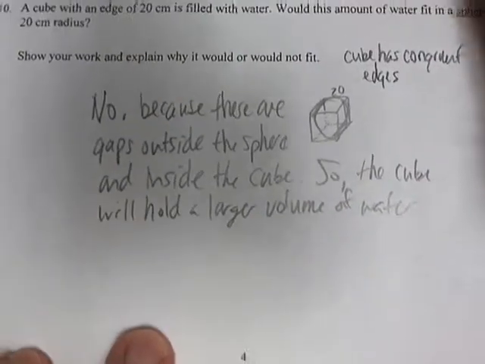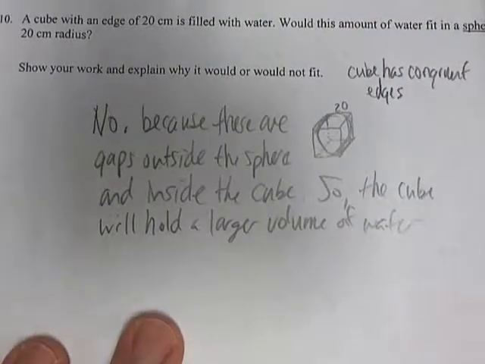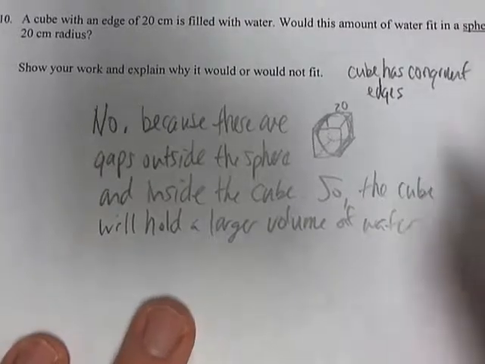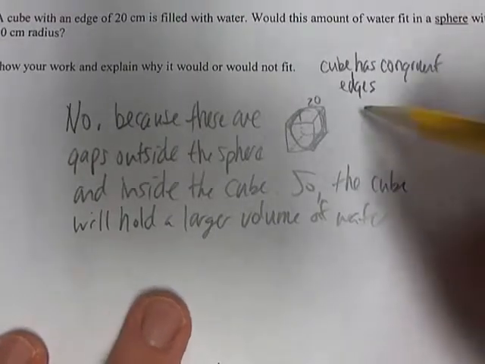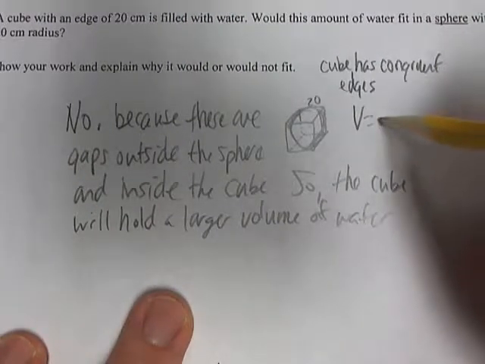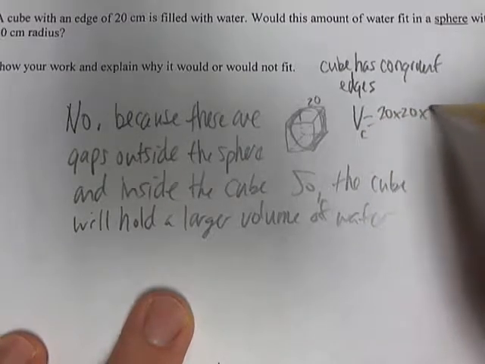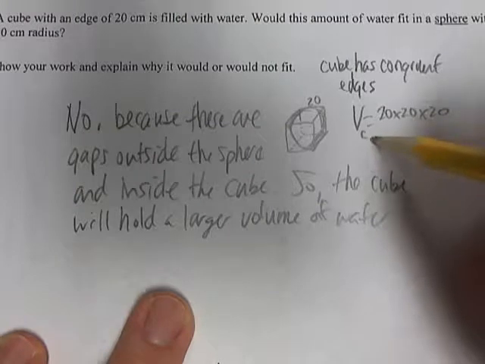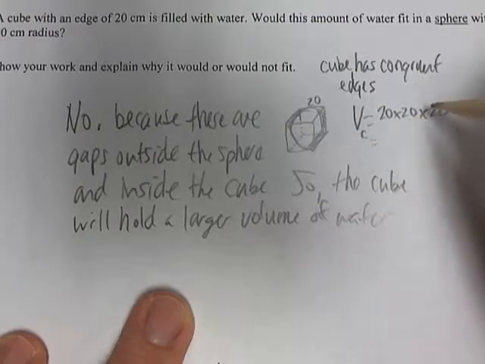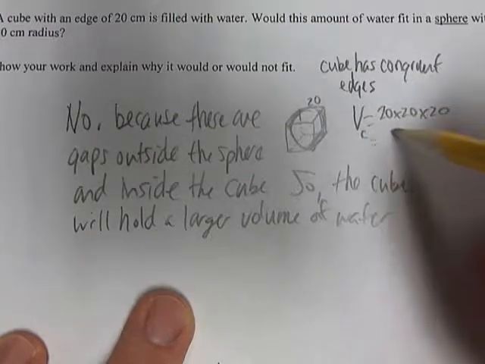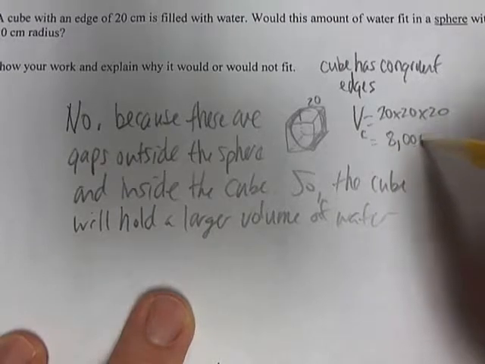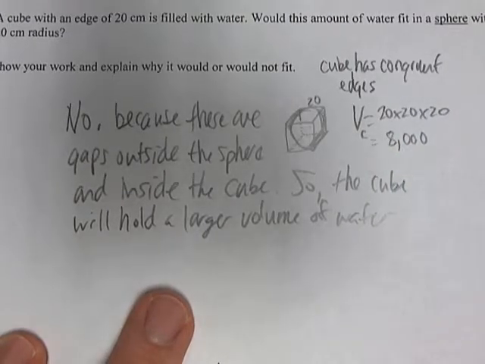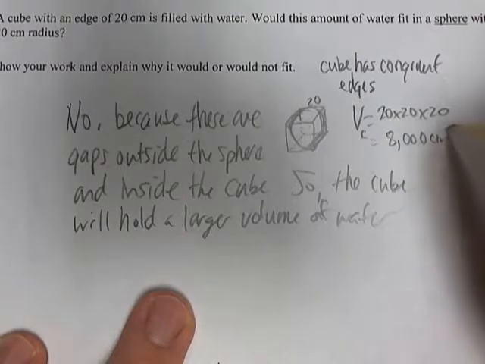And if you want to prove that, we can. Well, what's the volume of a cube with an edge of 20? Volume of a cube is 20 times 20 times 20. 20 times 20 is 400, so that's 8,000 centimeters cubed.